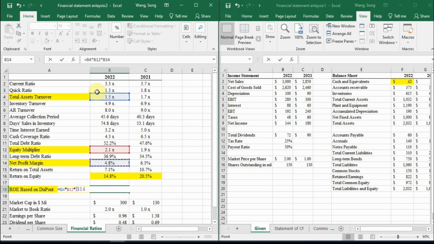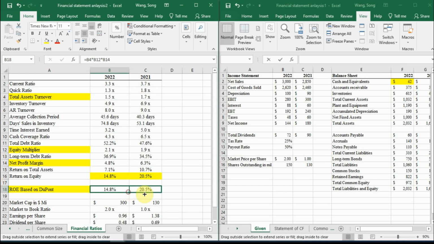So one is about the efficiency of the operation, another is about the amount of debt or leverage, the third is about profitability. So the return for stock investors or equity investors depends on these three components: profitability, efficiency, and debt level. Okay, hit enter, then you drag it to the right.